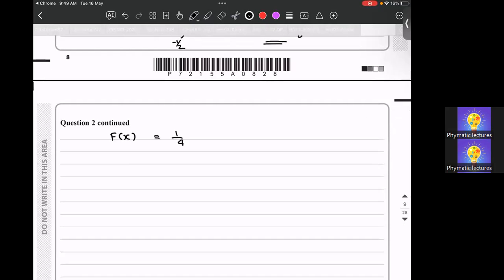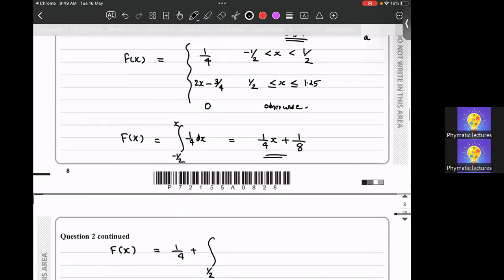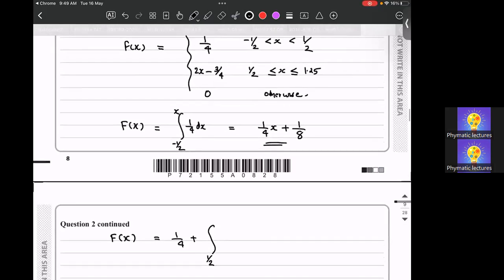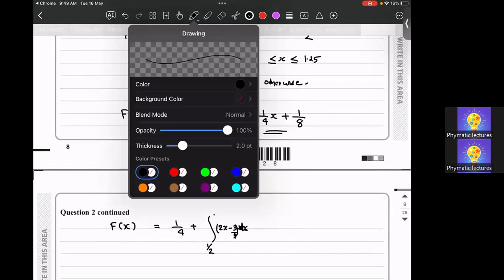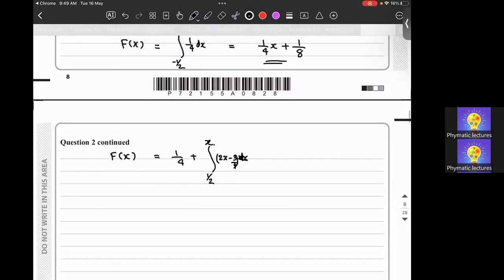So 1/4 plus integral of 1/2 to 1.25 of 2x minus 3/4 dx. So here we will not keep the upper limit as 1.25 because it goes up to 1.25, but we need an expression, so we'll keep it as x.